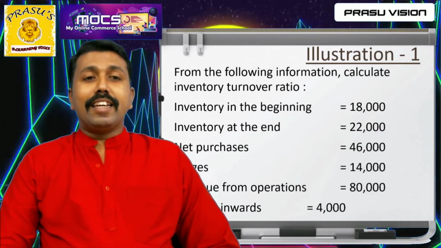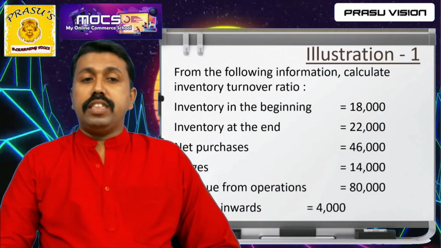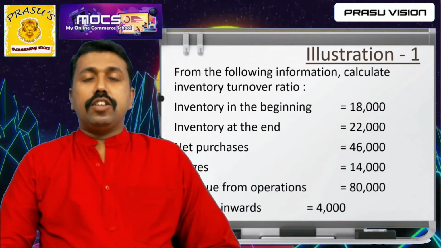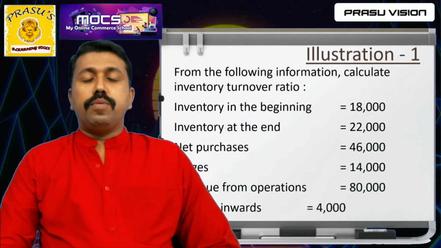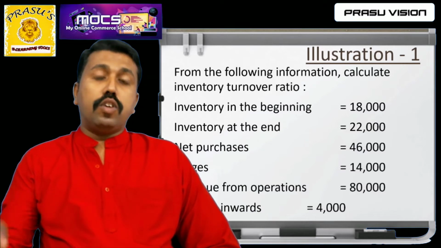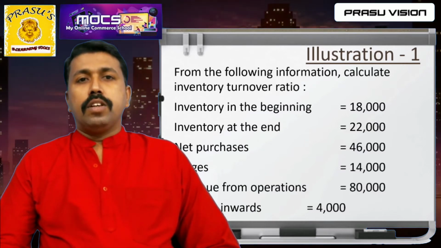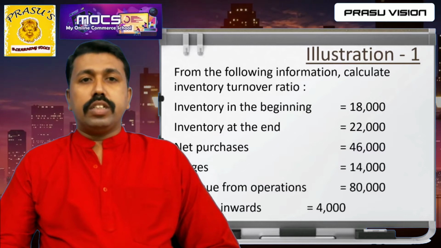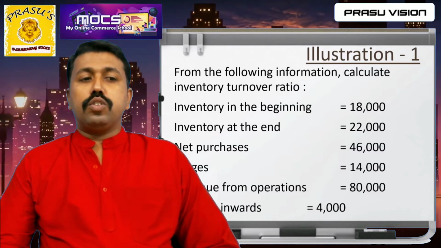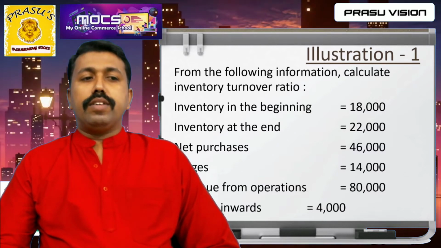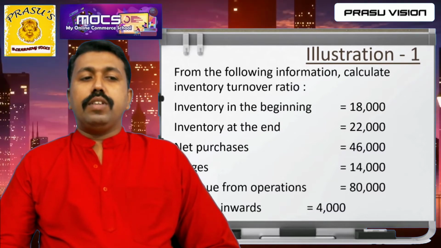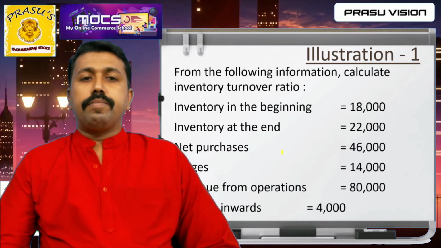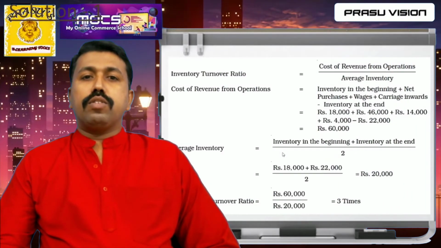From the other remaining information like net purchase and carriage inward, we can find out the cost of revenue from operation. So let us look at the solution. How to find out this ratio is very, very important. I have always told you to keep in mind how we can find out the values.